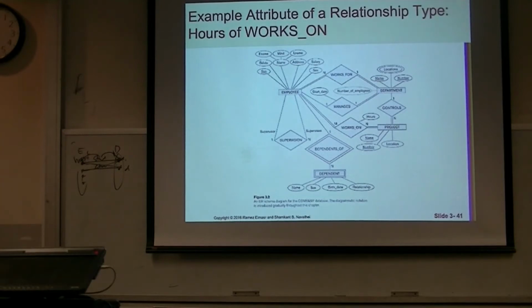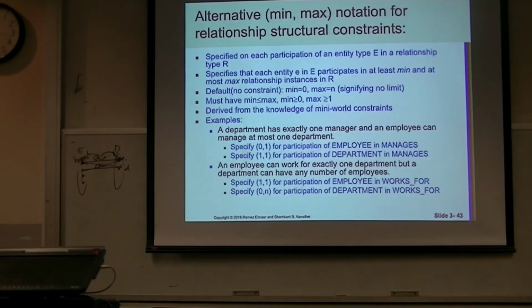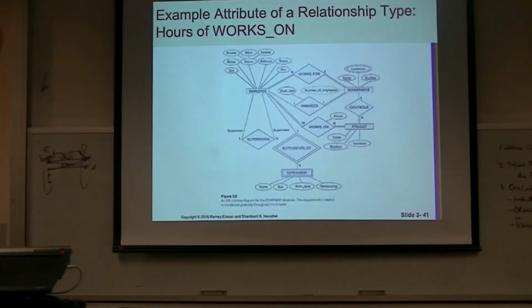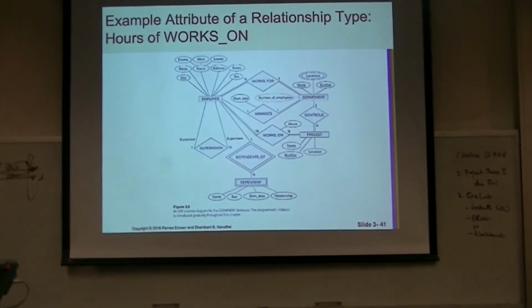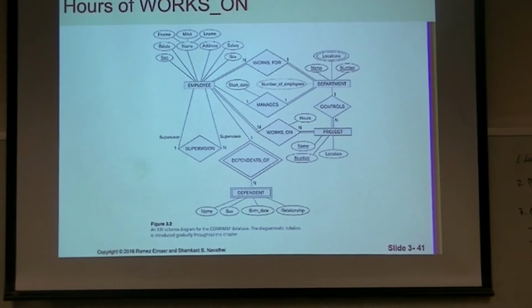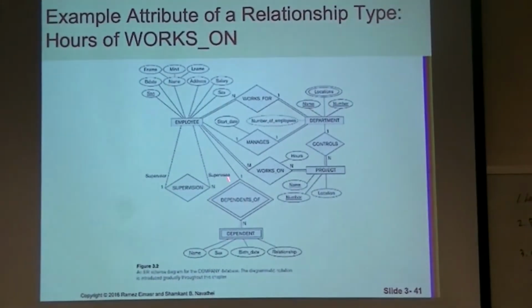Okay? Then I will use one of your homework for the midterm exam later. Okay, so let's continue. Sometimes, take a look at this. Your customer gave you a description of the requirements of the company database.